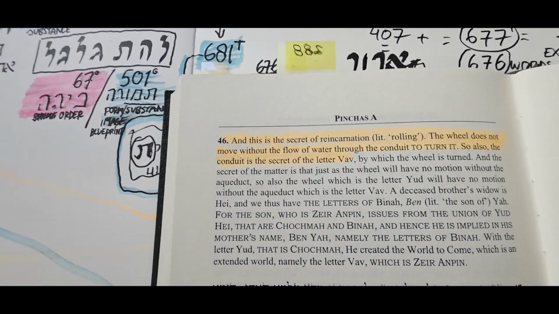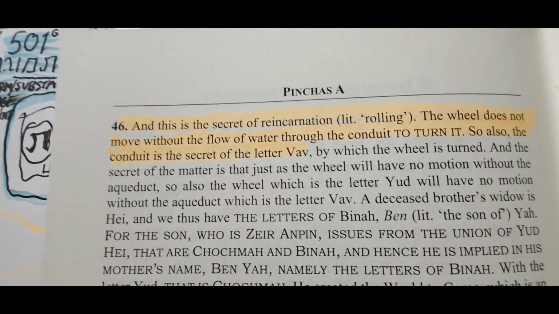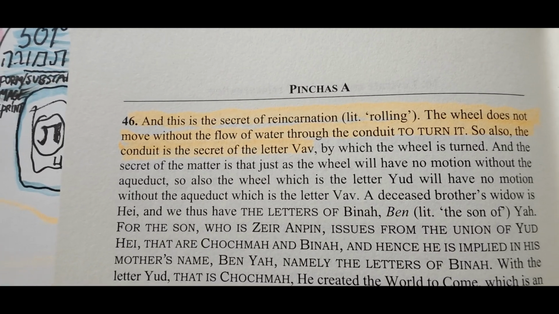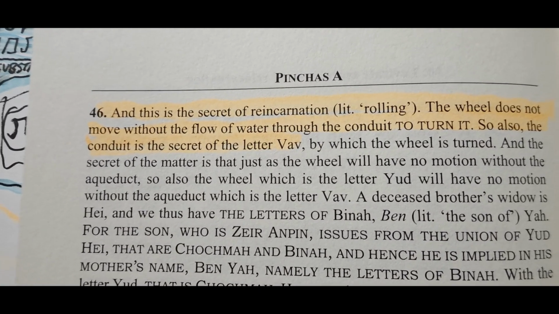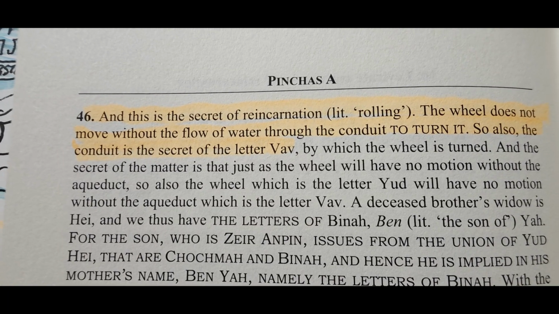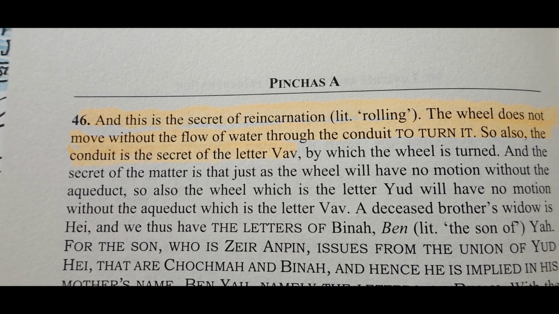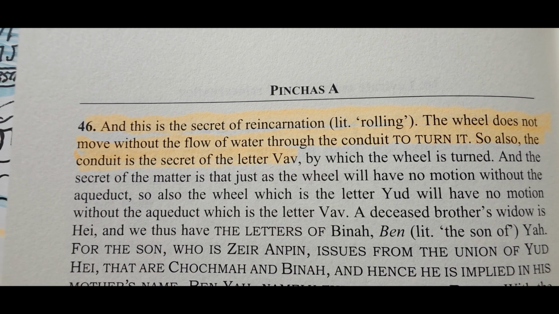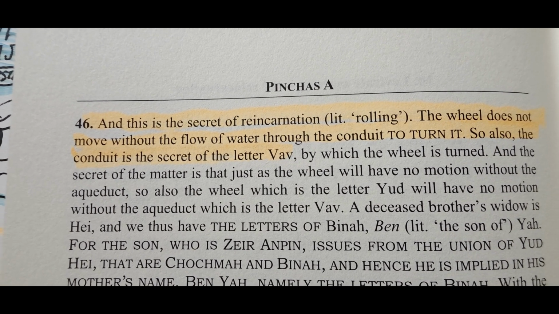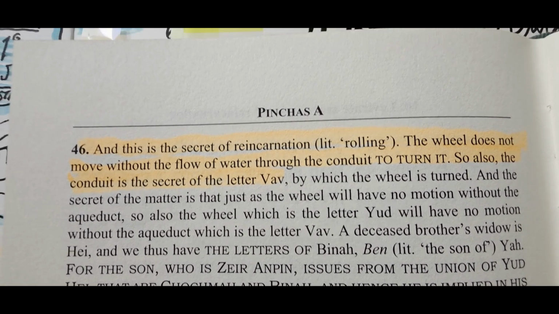Okay. Translated as, and the English really doesn't do it justice, but for this particular study, this suffices. And this is the secret of reincarnation, right? Literally rolling. The wheel does not move without the flow of water through the conduit.